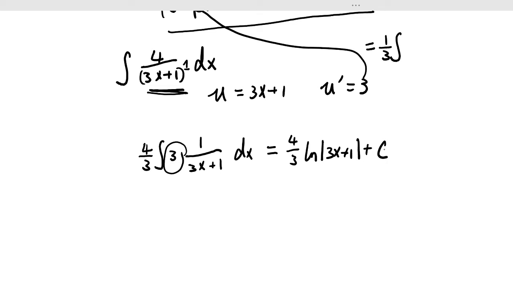Now let's change the degree of the function, but the whole denominator still has a degree of 1. Now let's look at our new problem right here: x squared minus 1. Now the question is, can we use our u prime to solve this problem?